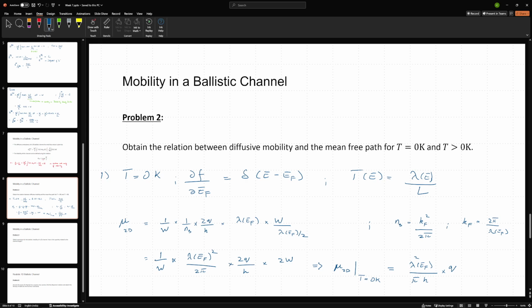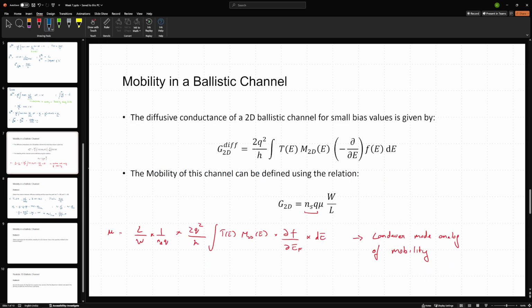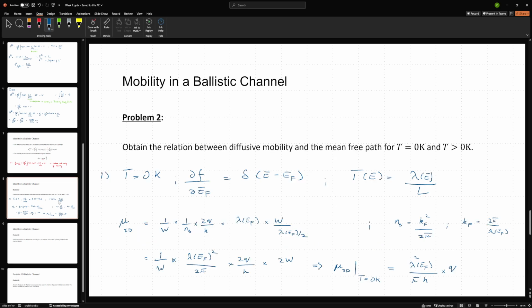So this is going to be mass into velocity into, sorry, apologies. Since this is going to be the conductivity, this quantity into the voltage should give me the current. So if you do the dimensional analysis here, you will find out that this quantity actually fits the dimensions.